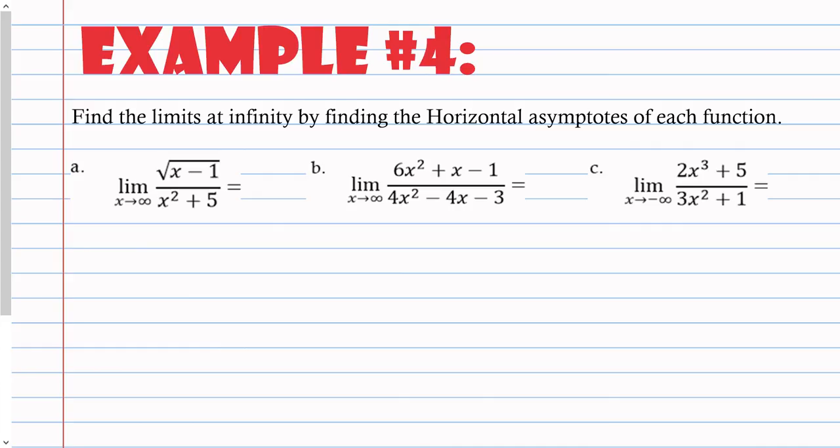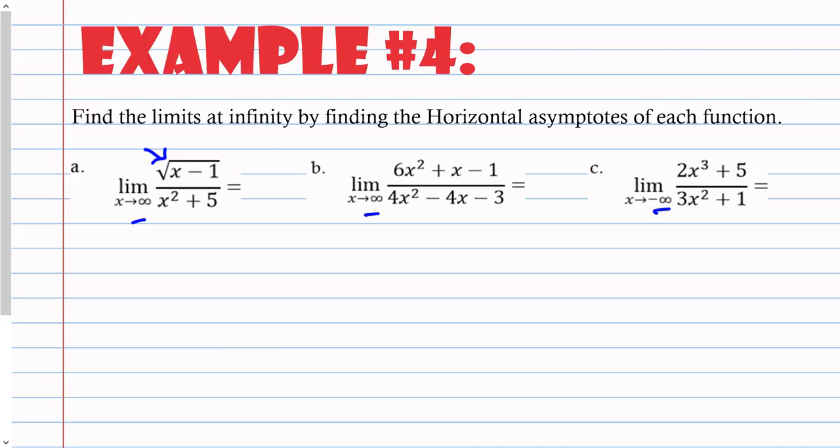All right, example 4. Find the limits at infinity by finding the horizontal asymptotes of each function. So here, I started off with just infinity, but then I have a negative infinity back here. So find the limits by just using the horizontal asymptotes. All right, this square root, you must be like, oh my god.